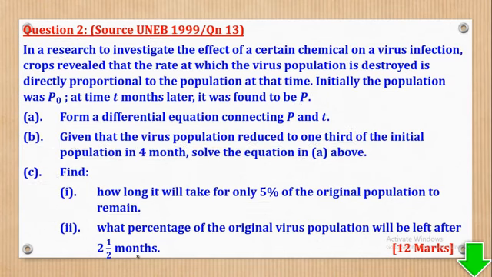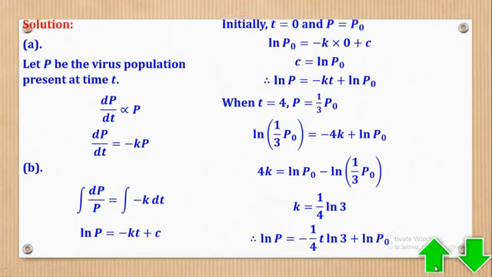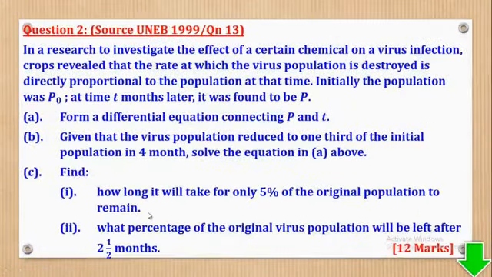So for C Roman 1, if you look at the question, they said, find how long it will take for only 5% of the original population to remain.